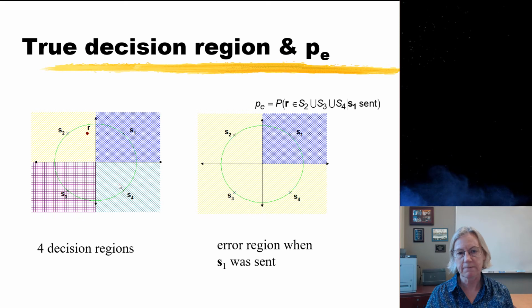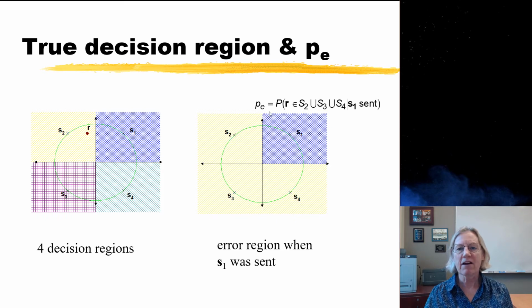Very straightforward. So when do I make an error for symbol 1? Well, I make an error for symbol 1 when I don't fall in the blue region. I fall in the complement of the blue region. I fall somewhere in one of these other 3 regions. So I can imagine the union of these 3 other regions as representing where an error happens.